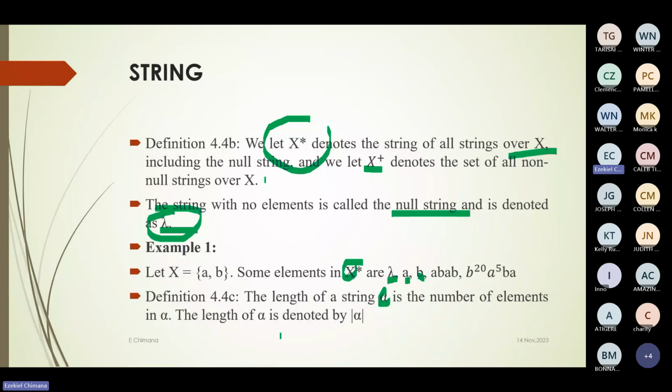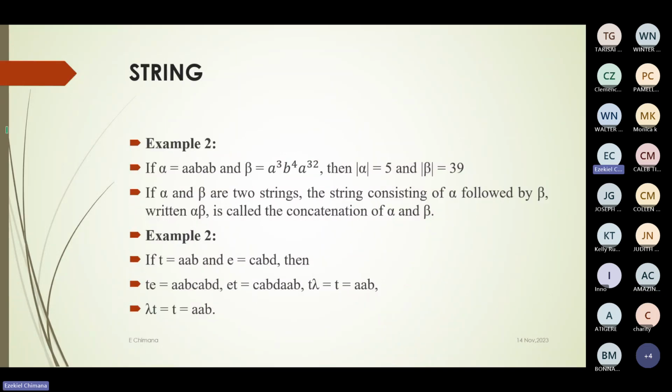So if alpha is equal to AABAB, and beta is equal to this one, then the modulus of alpha, or the length, is 5. How do we get to 5? You just count 1, 2, 3, 4, 5. As well as here it is 39. How do we get 39 there? 32 plus 4, 36 plus 3, you get 39 there.